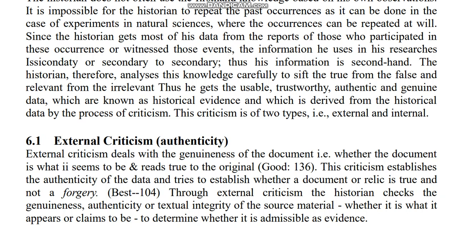Through external criticism, the historian checks the genuineness, authenticity, or textual integrity of the source material, whether it is what it appears or claims to be, to determine whether it is admissible as evidence.